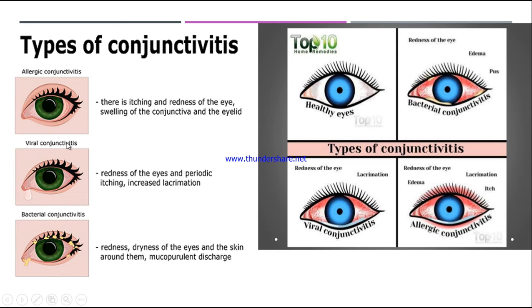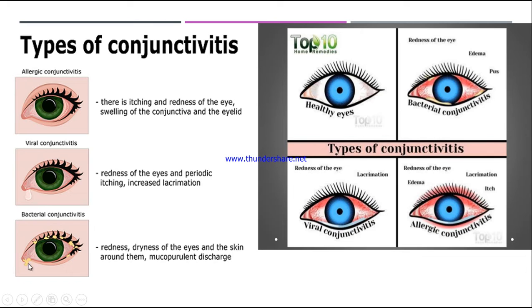Now viral conjunctivitis. In viral conjunctivitis, the patient will have redness of the eyes, itching, and increased lacrimation, as you can see here. Whereas in bacterial conjunctivitis, the patient will have redness, edema or swelling, then pus collection or mucopurulent discharge.